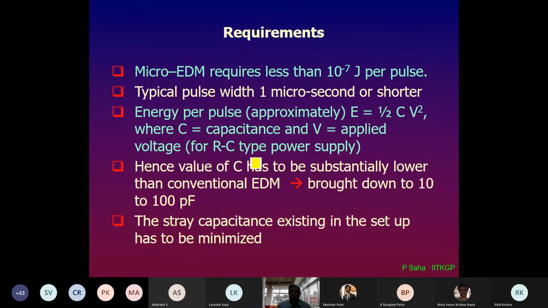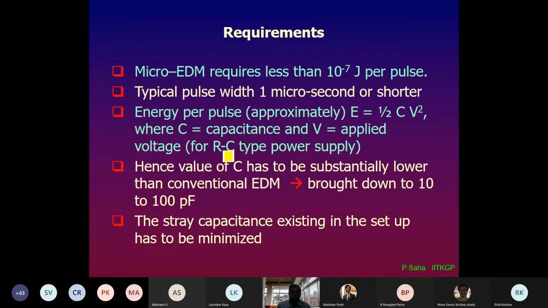Whatever charge the condenser can hold during that time will be dissipated in the spark gap. So that is the maximum energy which will be dissipated in a pulse. How much is that? It will be half of C into V squared, where C is the capacitance and V is the applied voltage for an RC type power supply.